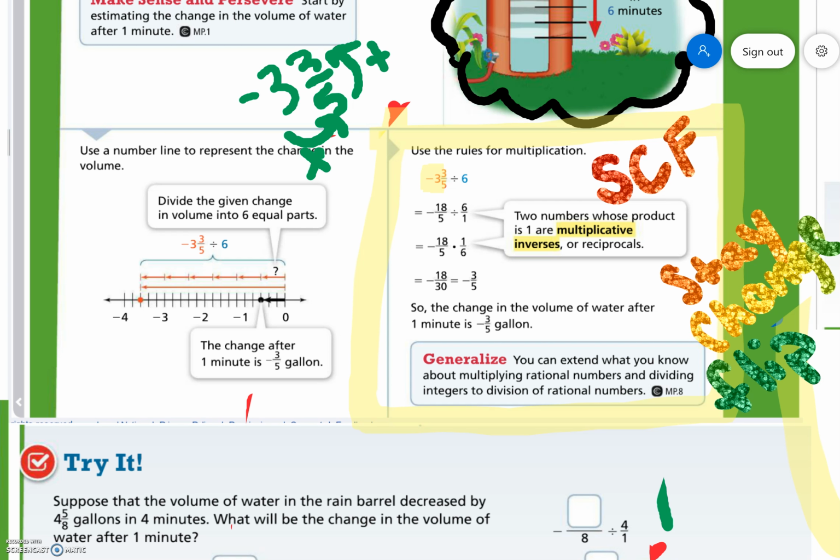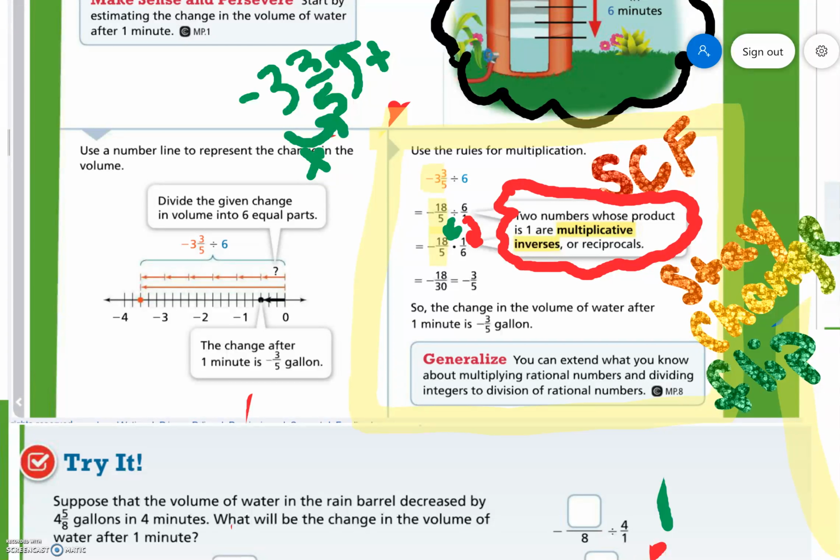So we keep -18/5, stay. Then we change the division to a multiplication. And then we flip the fraction. 6/1 becomes 1/6. Two numbers whose product are 1 are multiplicative inverses or reciprocals. This is a good vocab word.